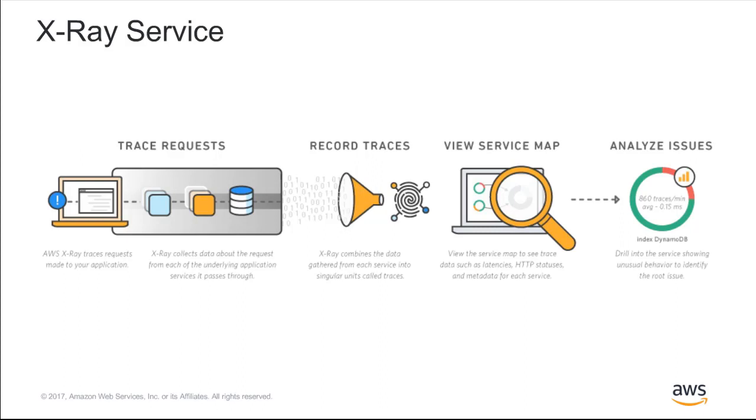And what the service map enables you to do is very quickly find needles in a haystack. So you might be sending hundreds of thousands of transactions per second, or maybe millions of transactions an hour into X-Ray. And there's no possible way that a human being is going to be able to find one transaction that's important, or the 10 transactions that are important out of those millions of transactions.